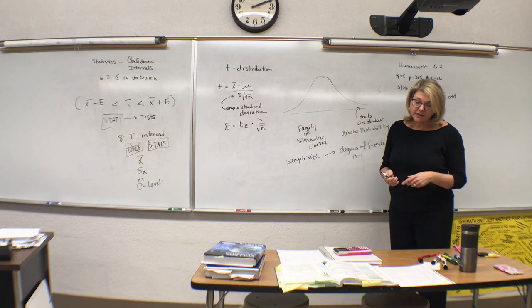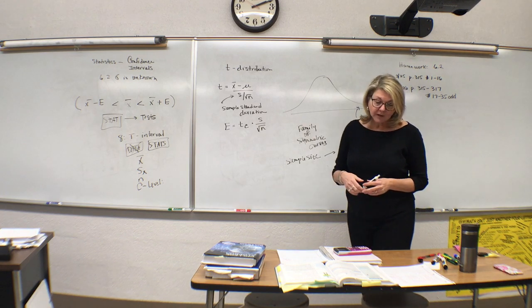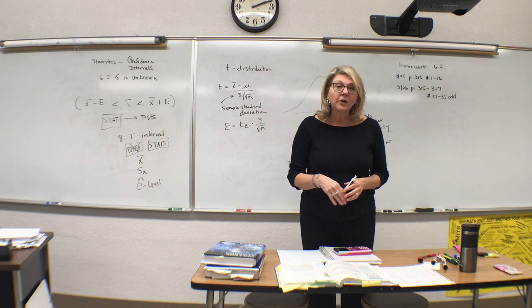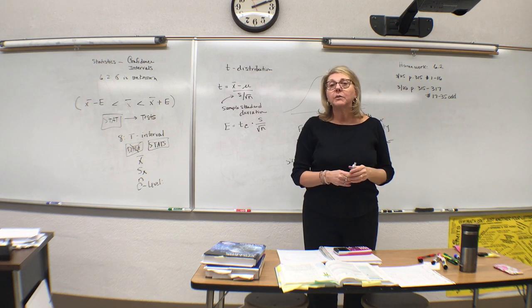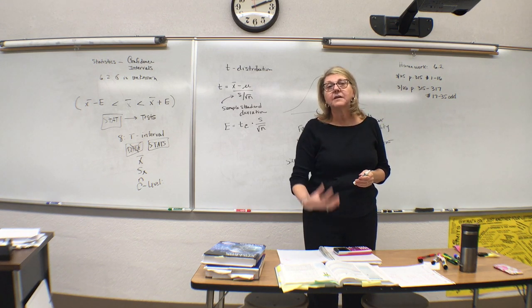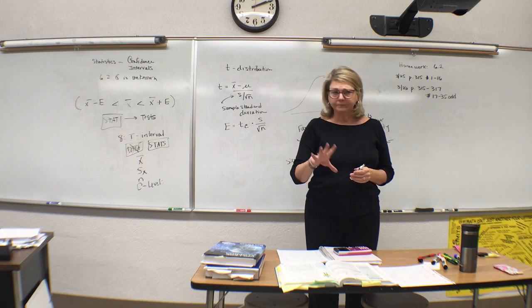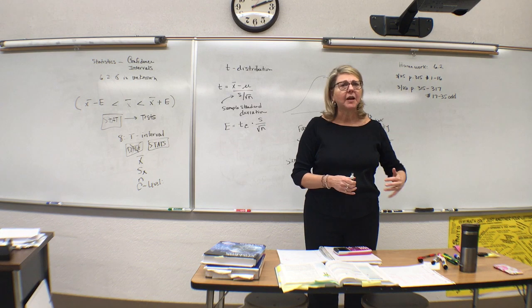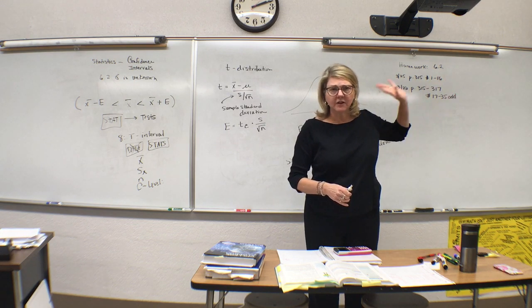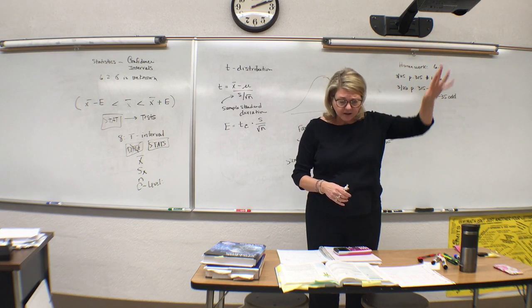On the top of 314, you'll see a bit of a flow chart, and it's basically directing your path. When sigma is known, and n is greater than or equal to 30, use techniques from the 6.1 section. Normal distribution, z-scores, inverse norm, use the table. Memorize the 3 levels that are industry standards, 90, 95, and 99.